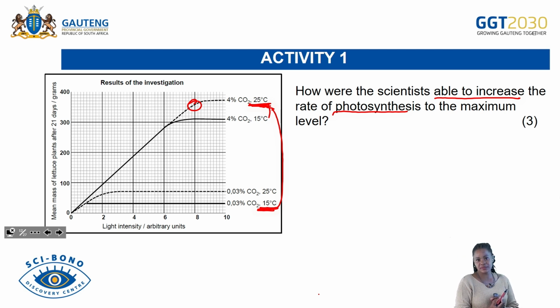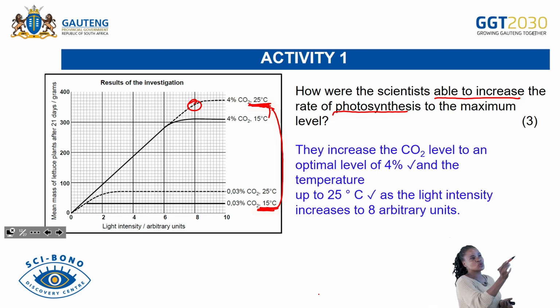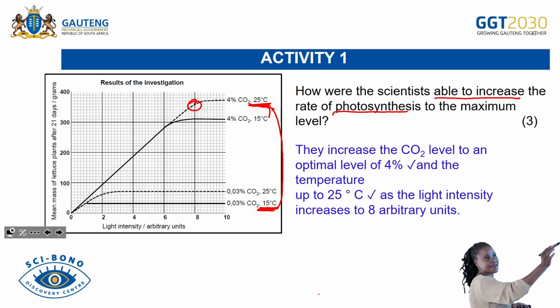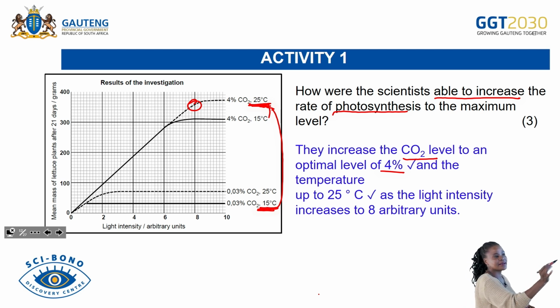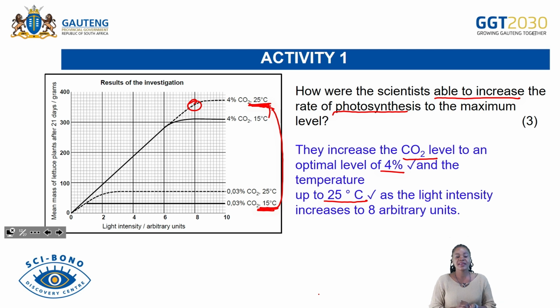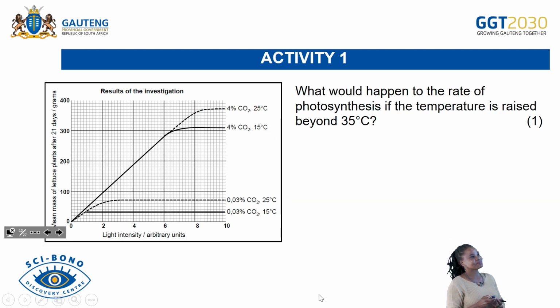To what amount? To 4%. Excellent. That is very, very good. So in other words, they were able to increase the level or the concentration of carbon dioxide to 4%. The other factor that they were able to increase was temperature from 15 to 25 degrees Celsius. That is very, very good. I like you guys. And then we move on.